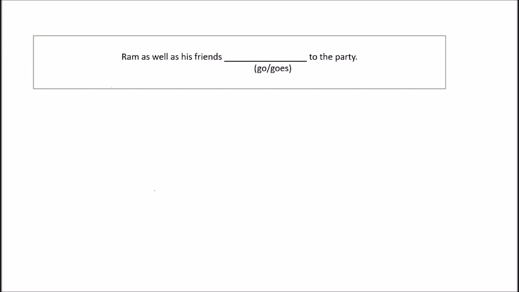His friends. And what is left over? Ram. Ram is singular, so go or goes. Which one is singular here? Goes, because it has the S letter in it, which is singular as we discussed earlier. So, Ram as well as his friends goes to the party.